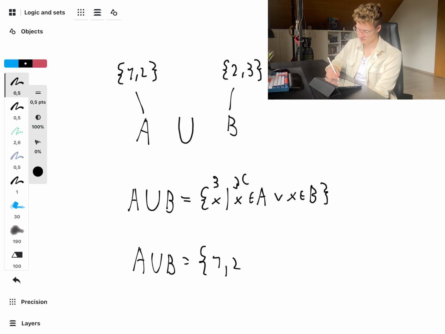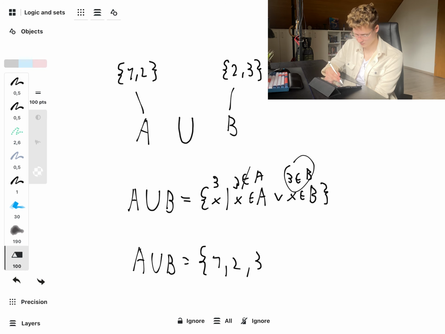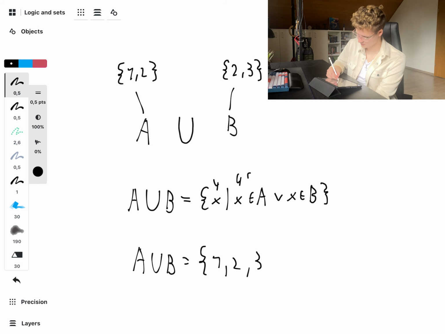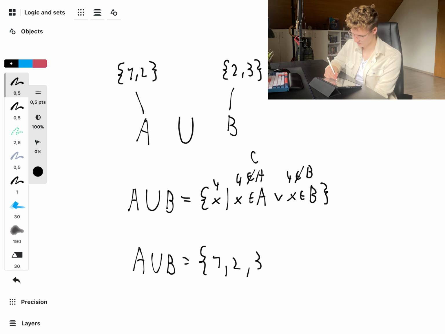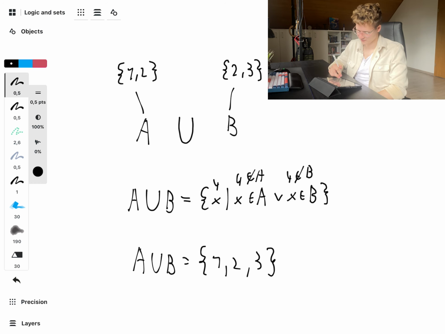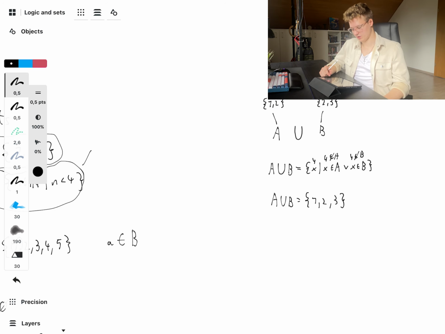Well, 3 doesn't belong to A, but 3 does belong to B. So this part is true, so we have it here. And then, for example, 4 wouldn't be in this set. 4 isn't in A, and 4 isn't in B. So we have 0 or 0, and that's 0. So 4 wouldn't be here. So that's the union operation.